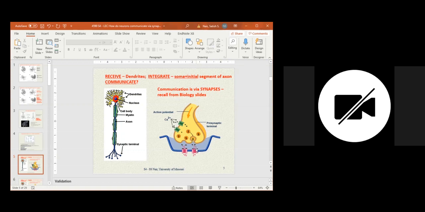So if the neurotransmitter is for AMPA, GABA, or NMDA channels, let's take the AMPA channel. In the AMPA channel, the neurotransmitter used is glutamate. So if glutamate is released from these vesicles, glutamate will go and bind on this AMPA receptor, will open this AMPA receptor, will allow a flow of current.